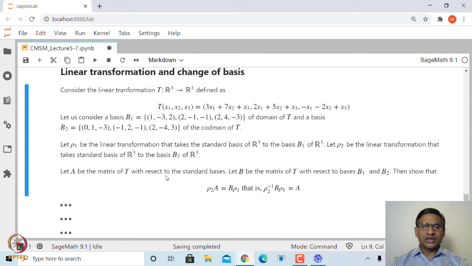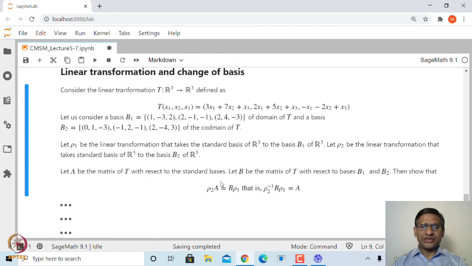Now suppose capital A is the matrix of T with respect to the standard basis. Now we have two bases B1 and B2 on the domain and codomain. So let us say capital B is the matrix of T with respect to bases B1 and B2, and then we want to check how A and B are related.